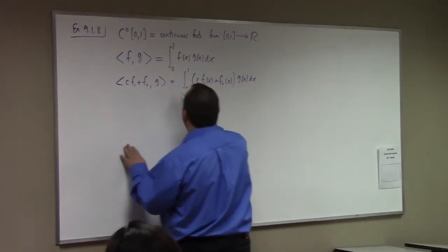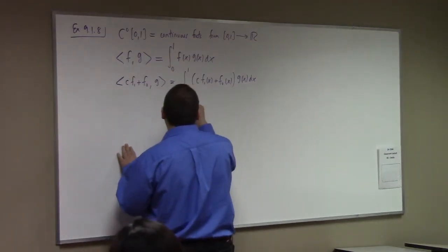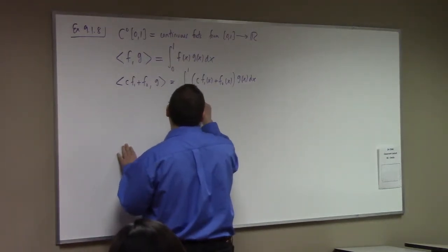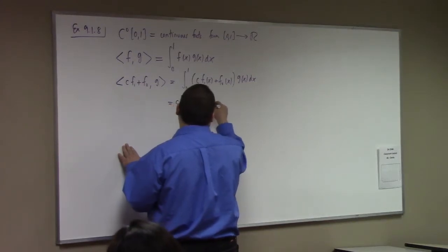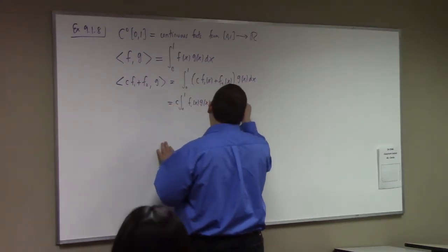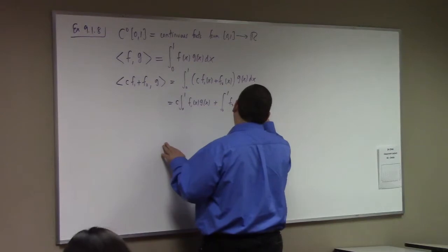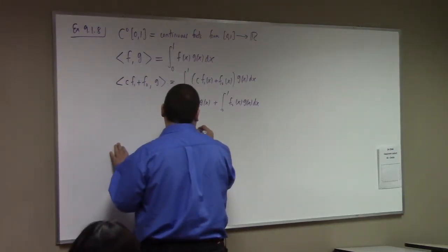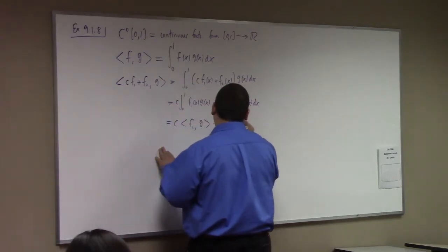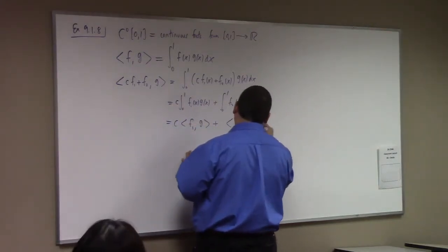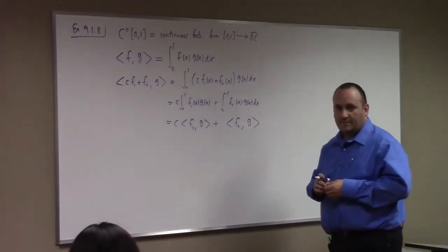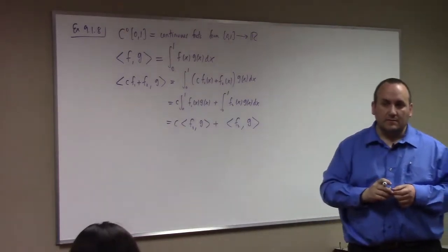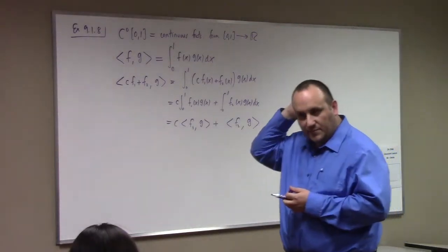Properties of integration we learned in Calculus 1. Pull the constant out, and that gives us c f1 comma g plus f2 comma g. So there you go. That gets us both a and b proved in one fell swoop.